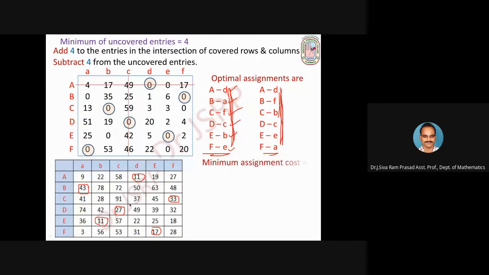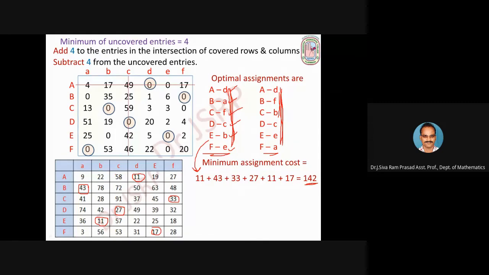So the minimum assignment cost equals 11 plus 43 plus 33 plus 27 plus 11 plus 70, that is 142. This is the assignment cost corresponding to the first optimal assignment. Next, corresponding to the second optimal assignment, what is the cost?